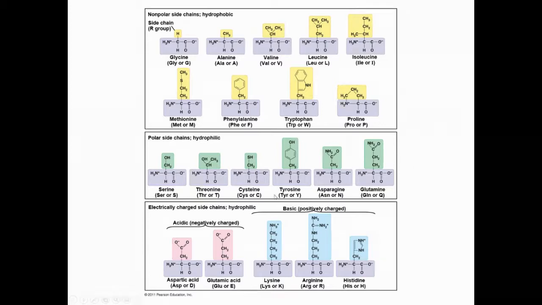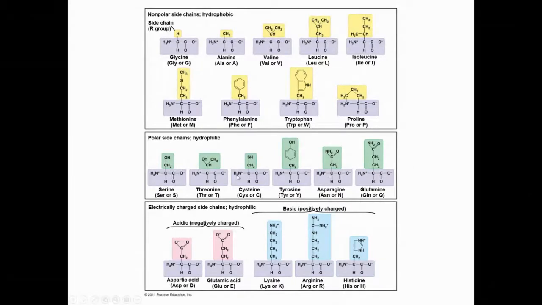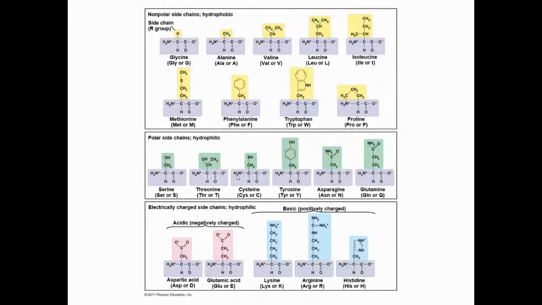The R group of these polar side chain amino acids can form hydrogen bonds with water, and play a variety of nucleophilic roles in enzyme reactions. These amino acids are normally more stable in water than the nonpolar amino acids.